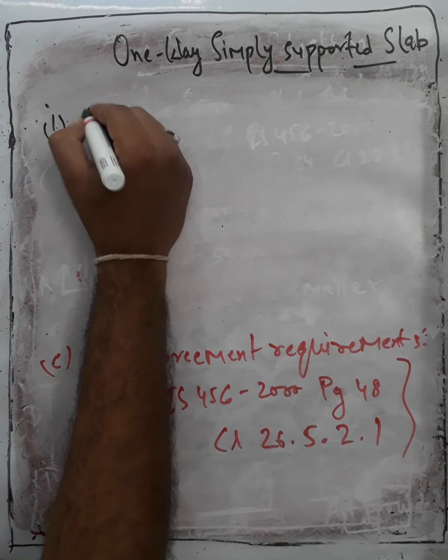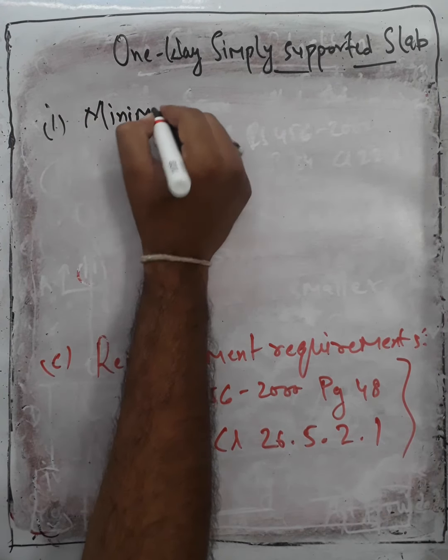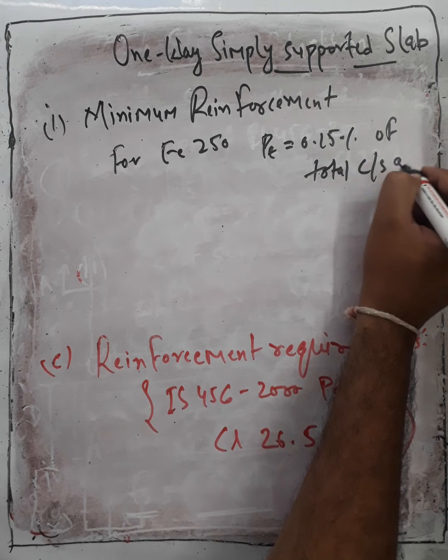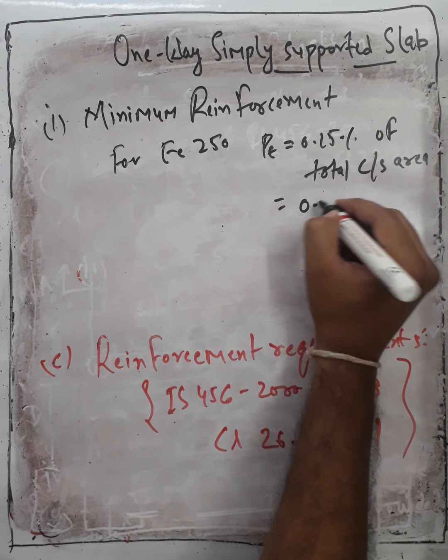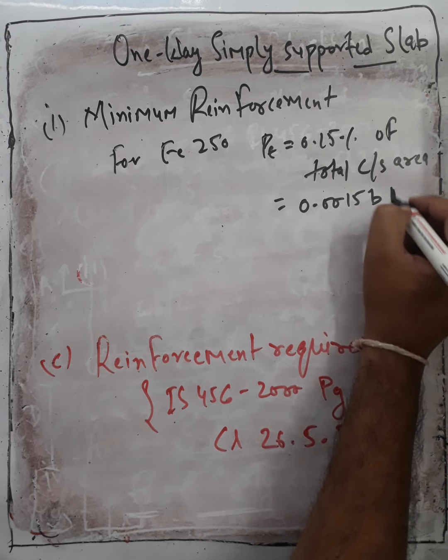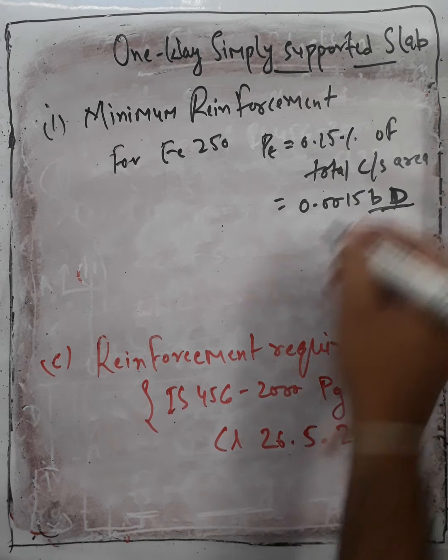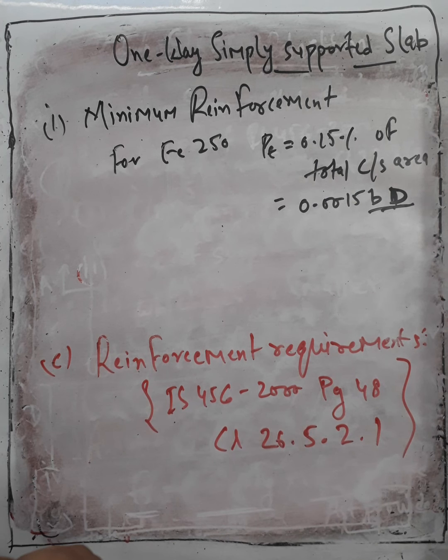Okay, so first we write the minimum reinforcement. Minimum reinforcement we have given for Fe 250, PT is equal to 0.15% of total cross section area, means 0.0015 small b into capital D. Here we take capital D, you remember that thing, 0.0015 BD or 0.15%.